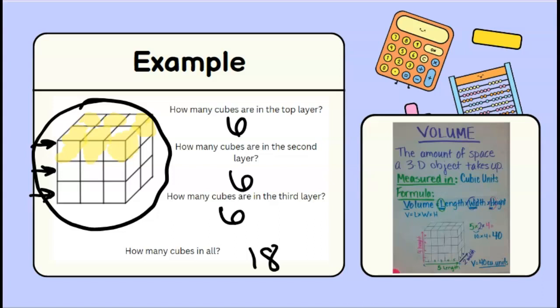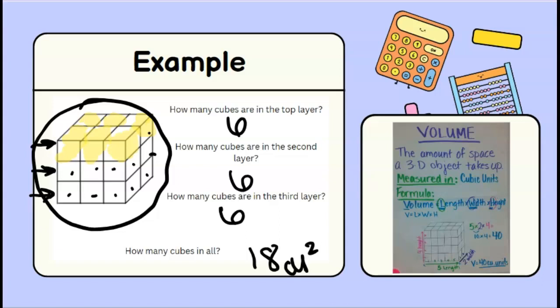So this rectangular prism has a volume of 18 cubic units because that's how many cubes make up this entire shape. Remember, volume is the amount of space that matter takes up. So this rectangular prism takes up 18 cubic units of space.